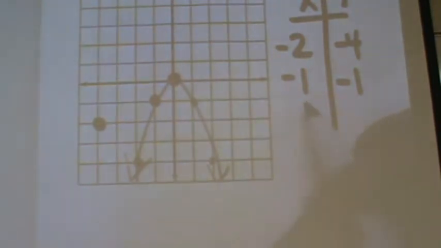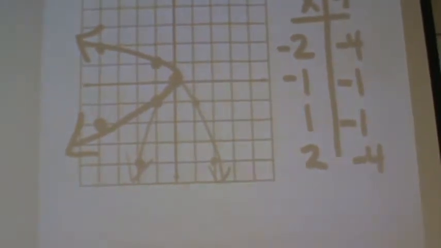This ordered pair is 1, -1, so you're going to graph -1, 1. And you could probably guess what the next point's going to be. This is 2, -4. You're going to graph -4, 2. And here's your graph. And again, this is not a function. Obviously, it does not pass the vertical line test, so you can't write f negative 1 of x.